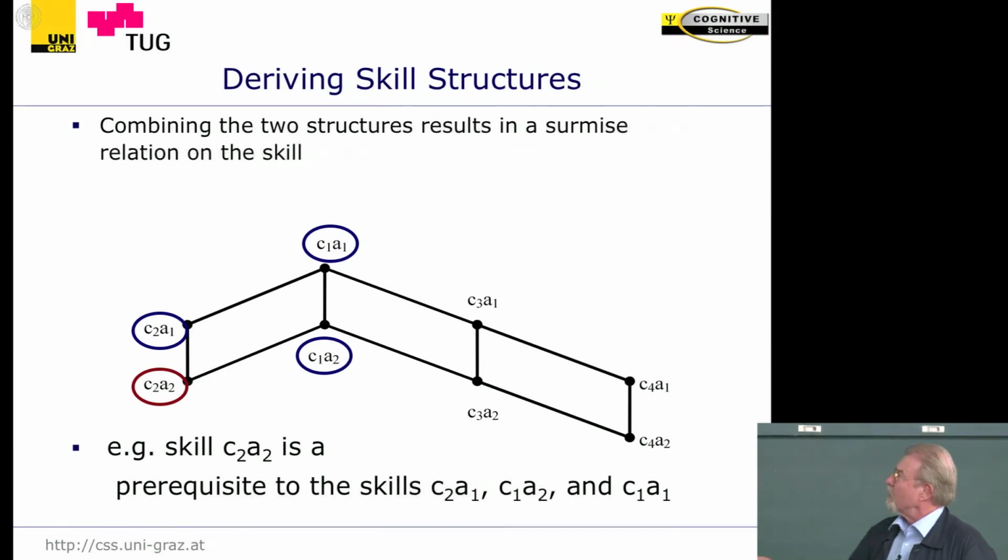Each of the problems is defined by these pairs, and in our example, I'm talking about problems. Sorry, these are the skills. This is a skill structure. So this pair is a skill composed of a concept or competence and an action. And so easily you can find the prerequisite relation on the set of skills.